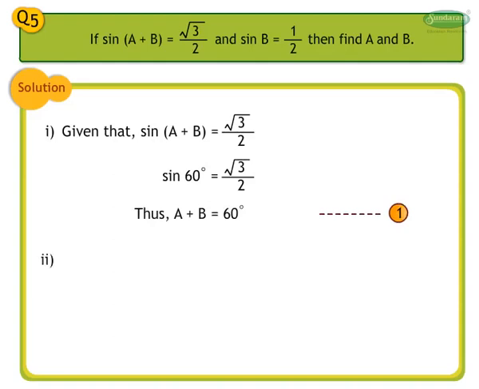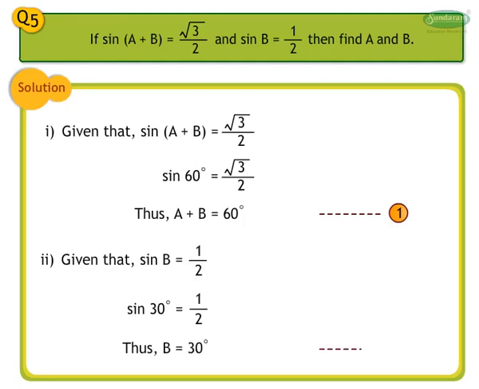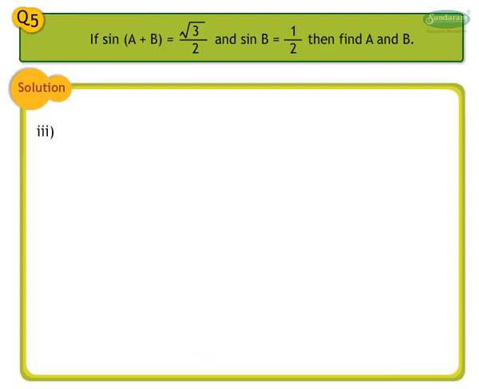2. Now it is also given that sin B is equal to 1 upon 2. But sin 30 degrees is equal to 1 upon 2. Thus, B is equal to 30 degrees. Mark it as equation 2. 3.